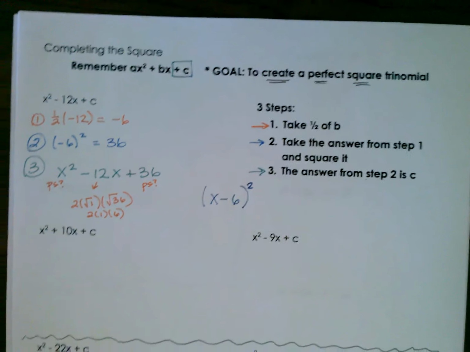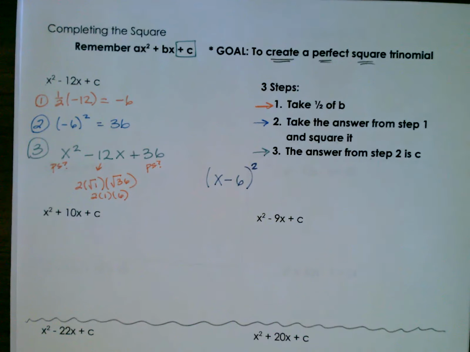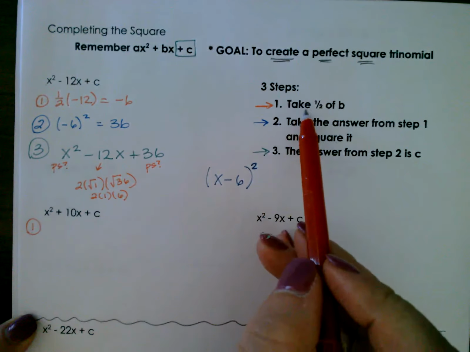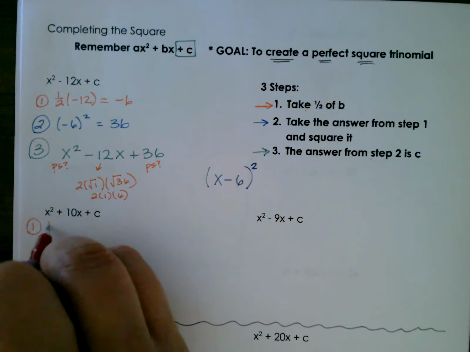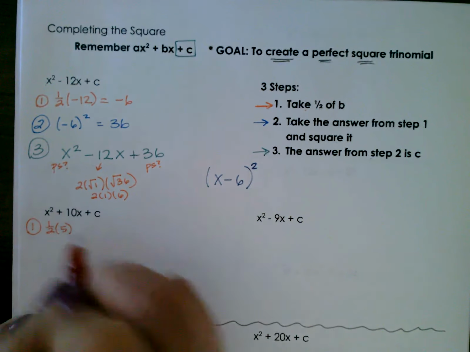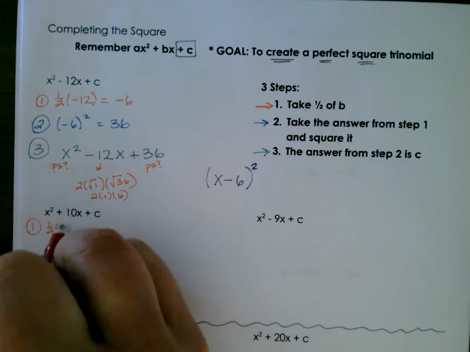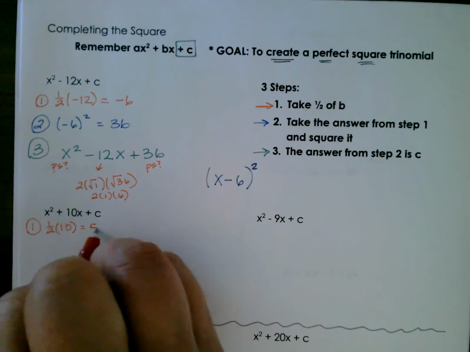Let's do another one. Following the 3 steps, step number 1, take half of B, so half, whoops, that's the answer. Got a little ahead of myself. Half of B is 5.